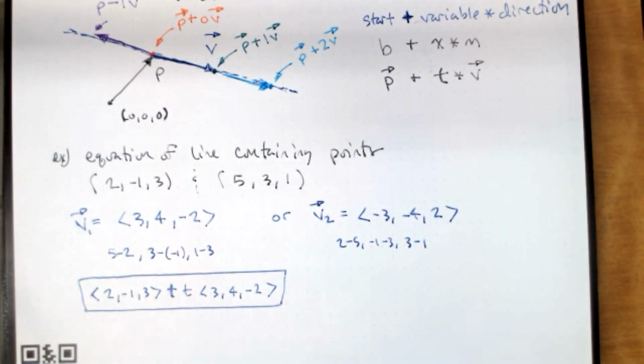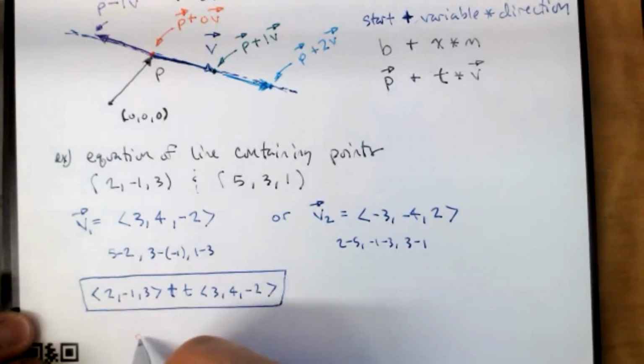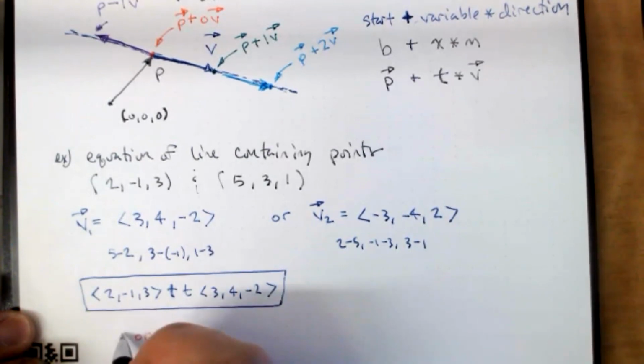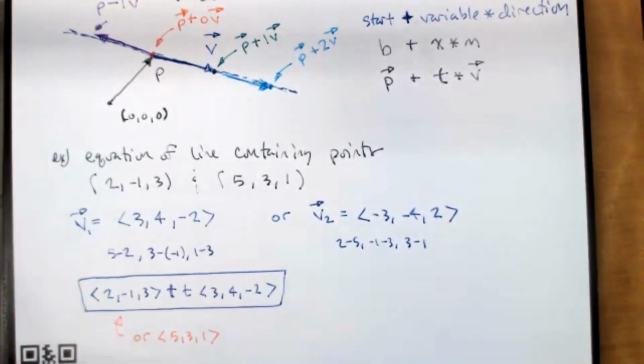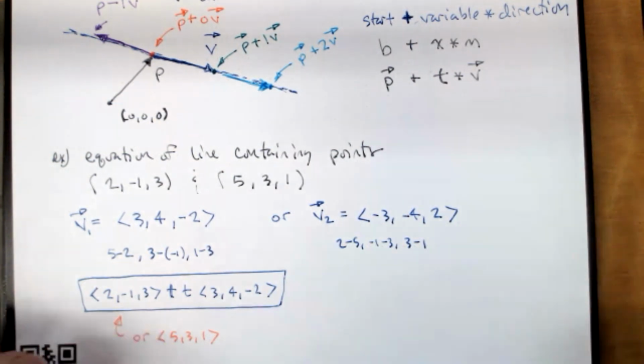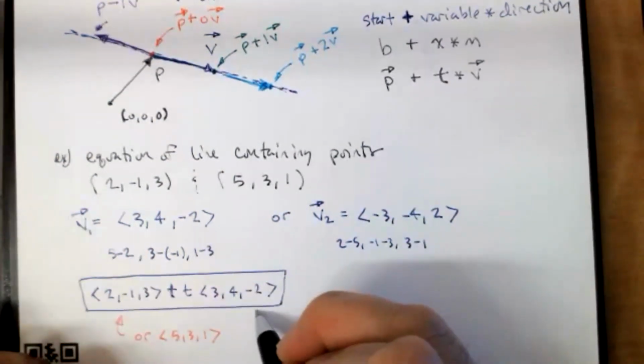For (2, -1, 3), I could replace that with the other point that I know about, (5, 3, 1). For the direction vector, if I just flip the t in the other direction, for the direction vector, I could just use the opposite.